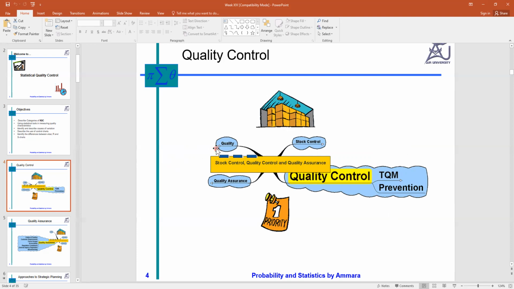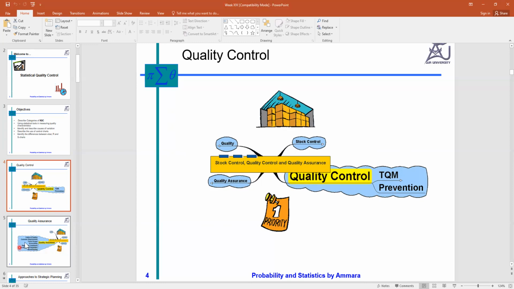First, you have the quality, and then you want to assure it, whether it meets the quality management or not, whether it is in control or not. So quality control, stock control, and quality assurance are the three main terms in total quality management, and you can say these are the preventions of quality management.